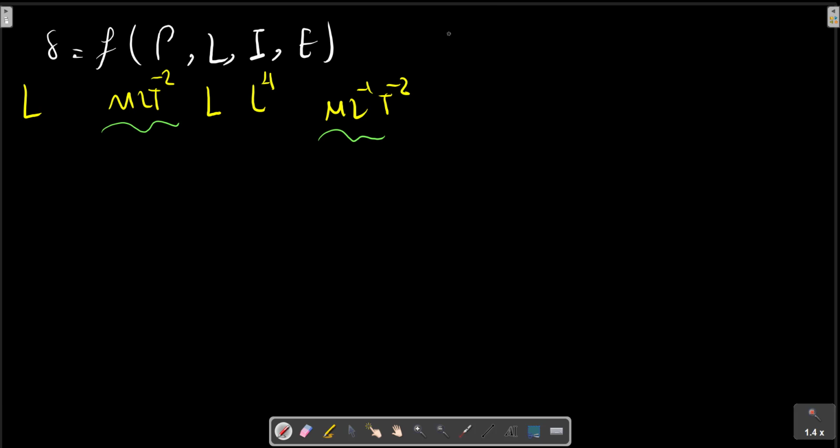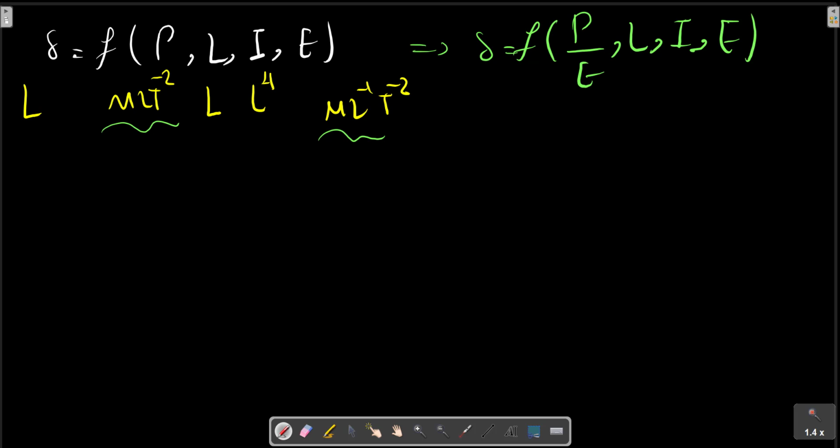For example, if we want to eliminate M from this relation, the next relation is equal to, we don't divide delta because it does not contain M, P over E. Also L and I do not contain mass, M. In this case we eliminate E. We have the dimensions for the next step as L, L^2, again L and L^4.